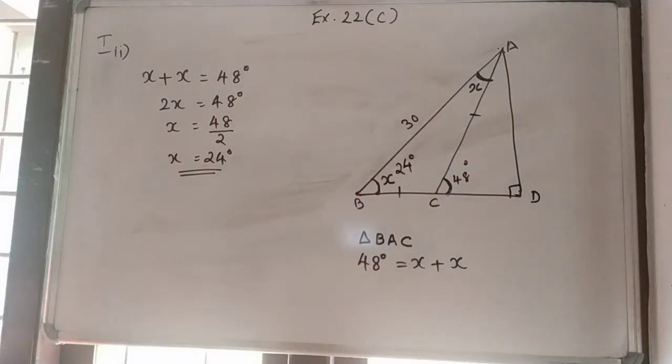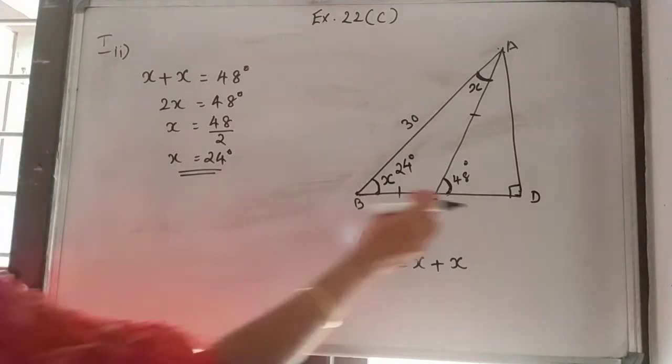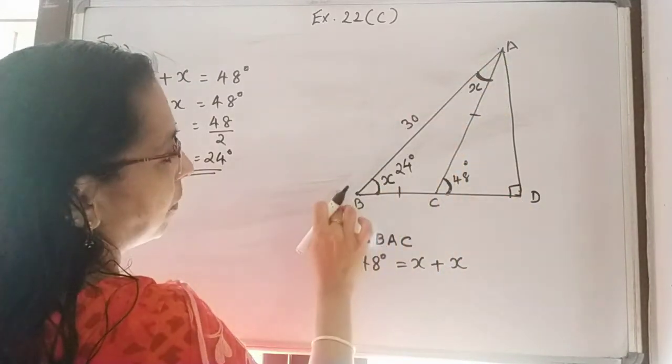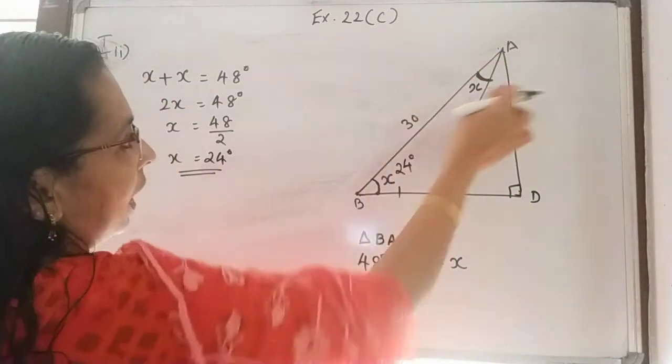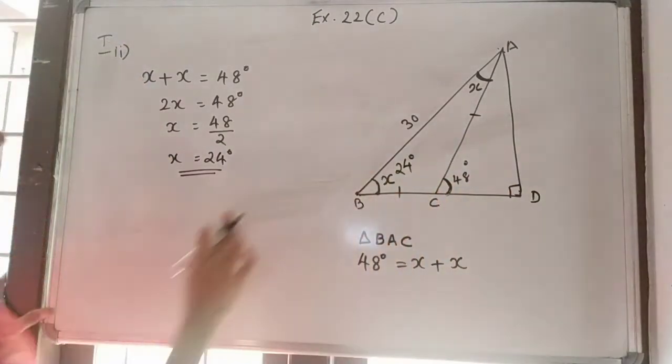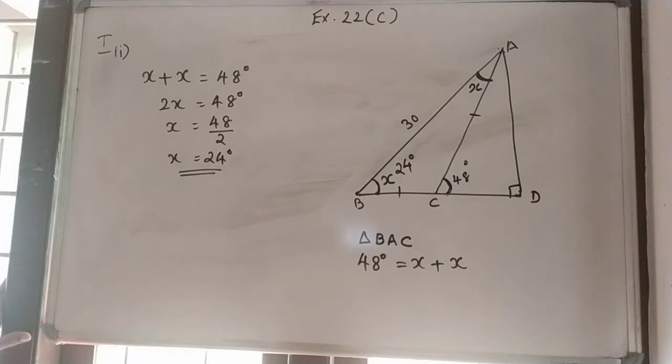So for finding AD, what we can do? This is a right angle triangle. So this AB is the hypotenuse. AD we have to find out. We got angle B, that is x is equal to 24 degree. So how can we relate with the 30 and 24 degree? We have to take sine 24 degree.